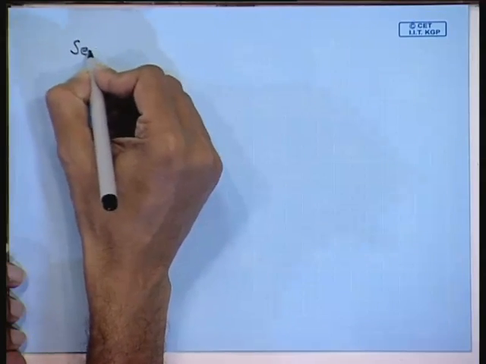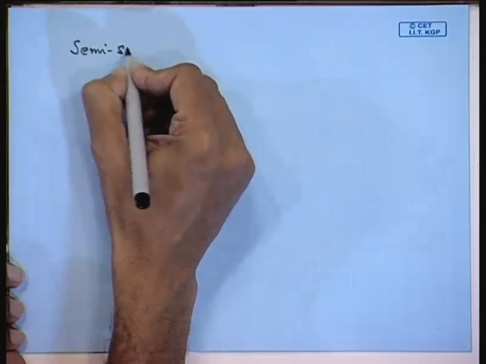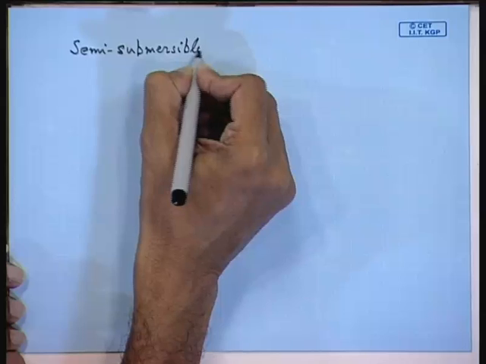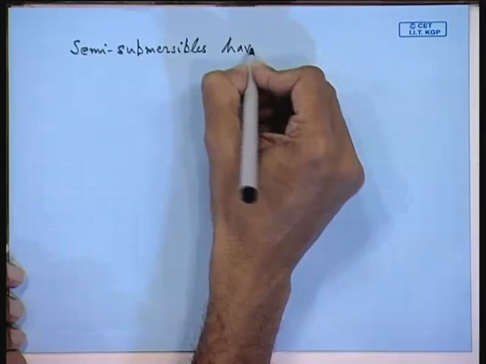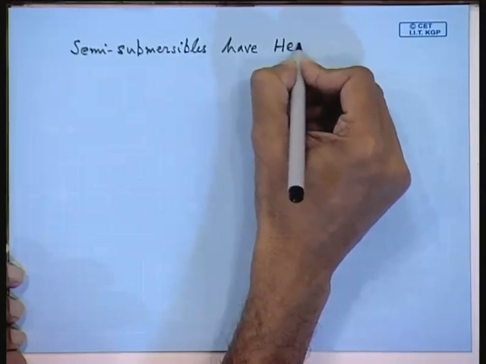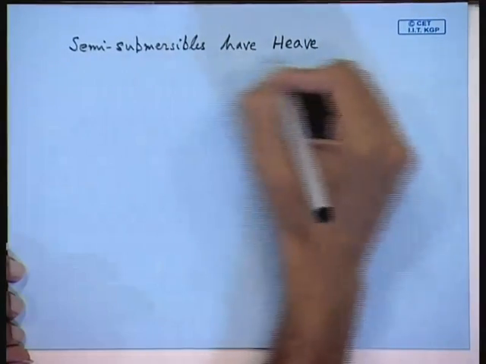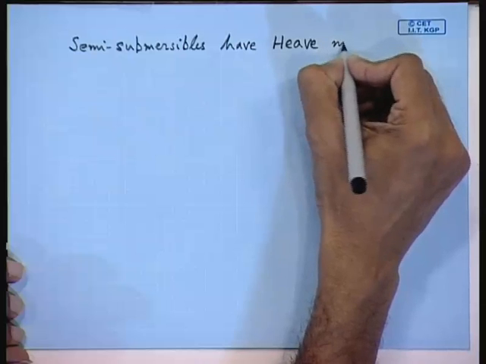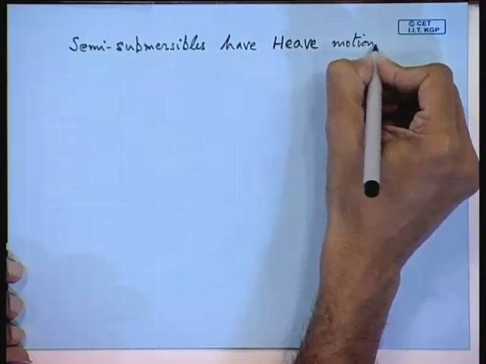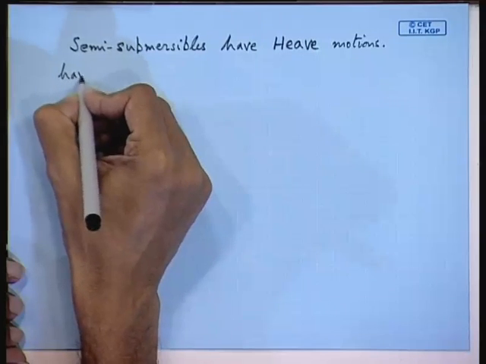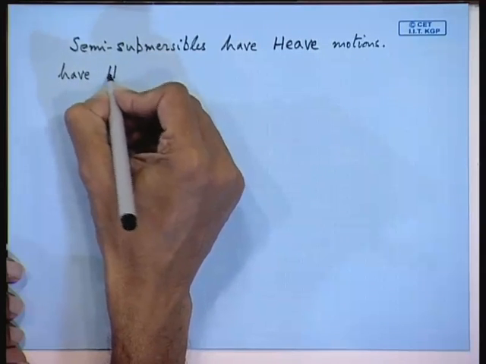Now, semi-submersible will have heave motions. Now, heave is the most detrimental motion in case of oil platforms. Now, in order to restrict this, semi-submersibles have what is called a heave compensating device.